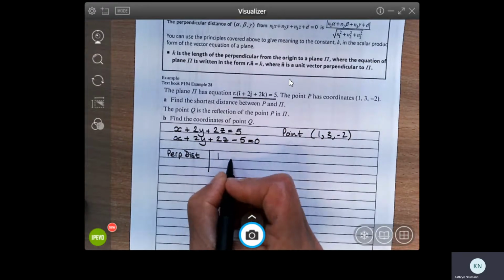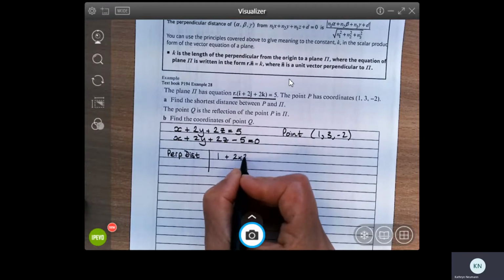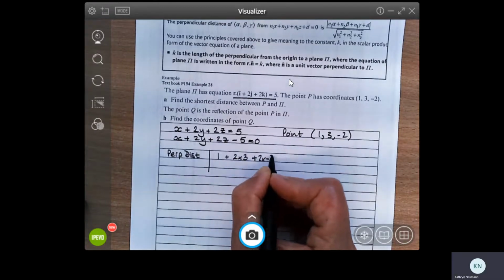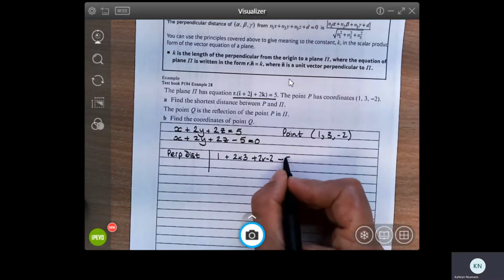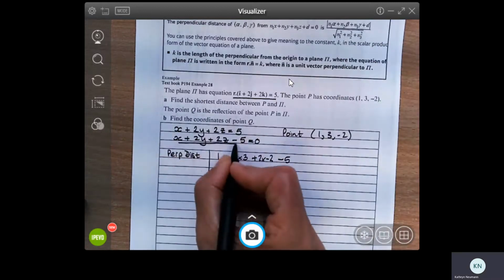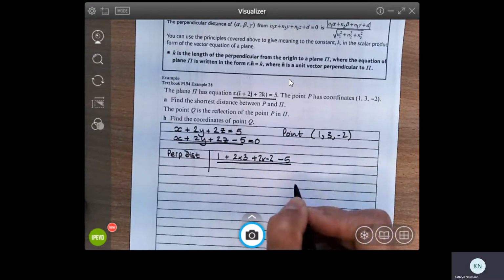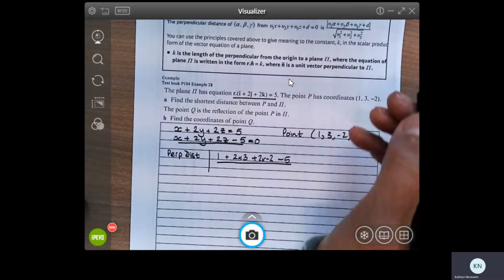So we're going to have 1, I substitute 1 in there, plus 2 times 3, plus 2 times minus 2, minus 5, because this is our equation here. All of that is going to be over the square root of n1 squared plus n2 squared plus n3 squared.